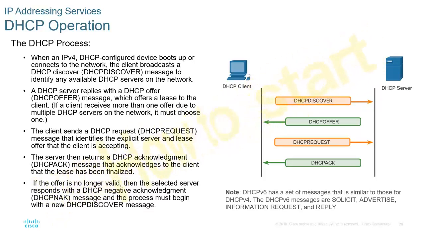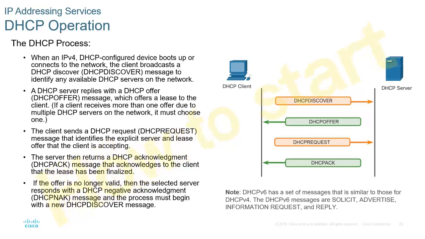The DHCP server will respond with a unicast packet, known as a DHCP acknowledgement. The acknowledgement is what actually acknowledges the address that will be utilized. The discovery message basically says, I'm here, I need an address. The offer basically offers a lease to the client.